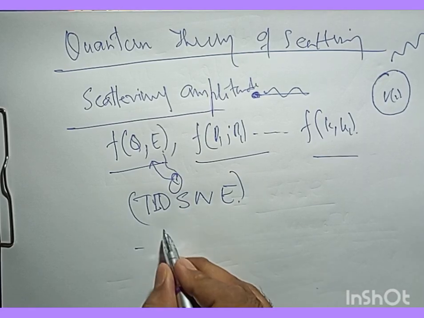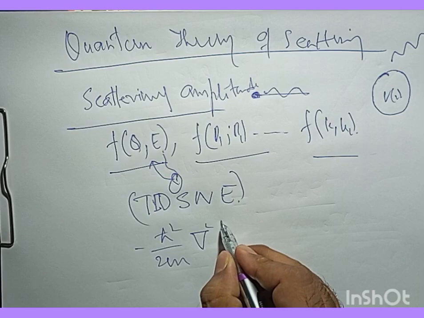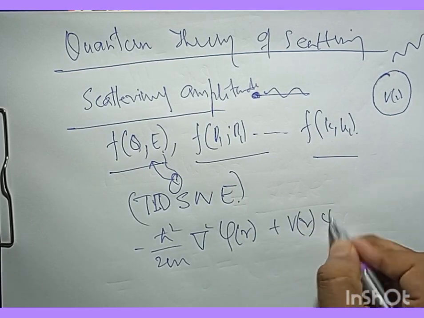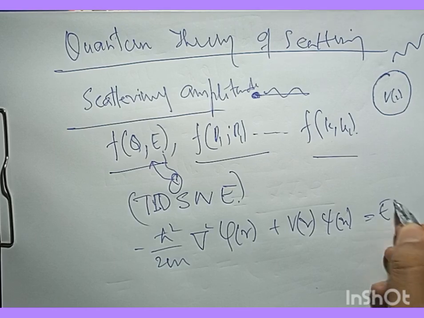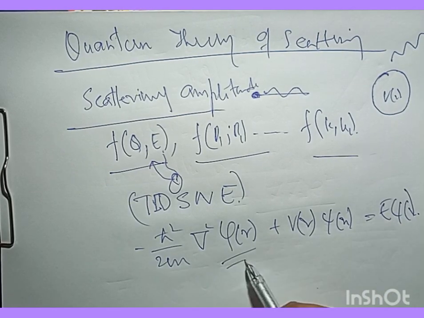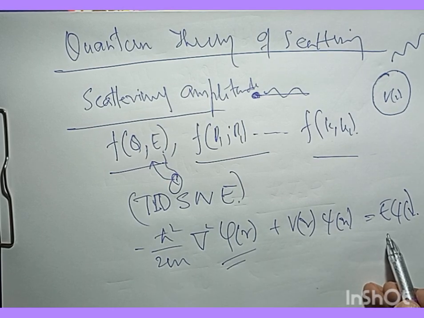And what's that? I can write down that minus h cross square by 2m, del square psi of r plus V of r psi of r is E psi of r. Well, this psi of r is the wave function of the particle, and E is the energy of this particle.